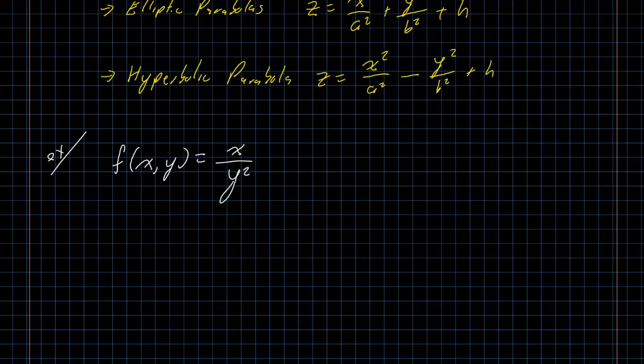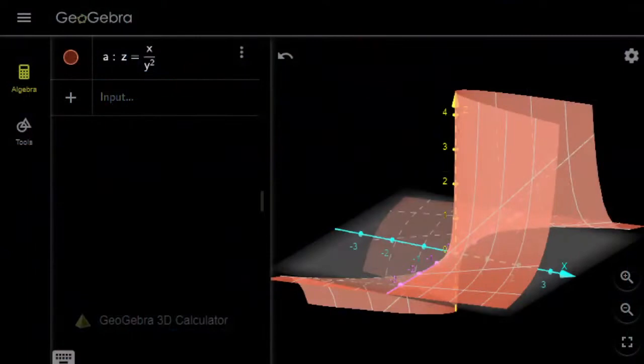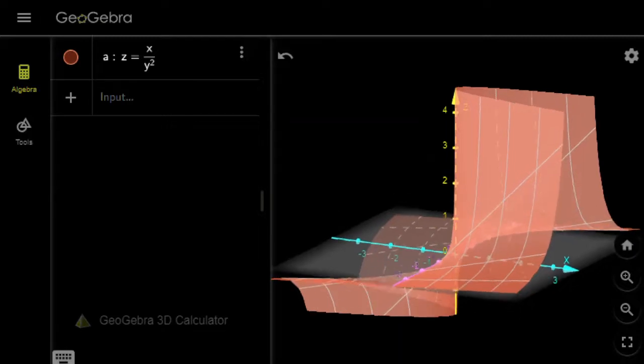I'm going to start right away with, let's go into GeoGebra and graph z equals f of x and y. So pretty simply, z equals x over y squared. And we get this surface that, well, it's a little bit hard to follow, but you can kind of look around at it.